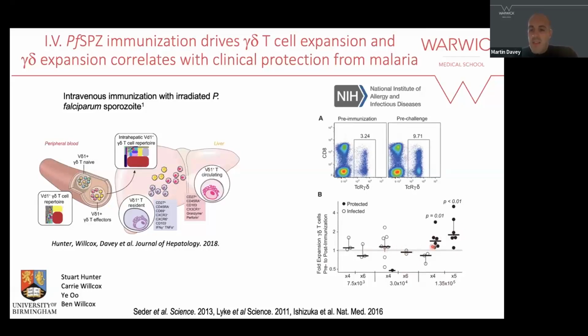You can see here that in dose escalation parts of the study, it was only when you got over a certain threshold of gamma delta expansion that you were protected. And it was in all 6 individuals in this study that were protected, which is quite remarkable, really. And so that piqued our interest.